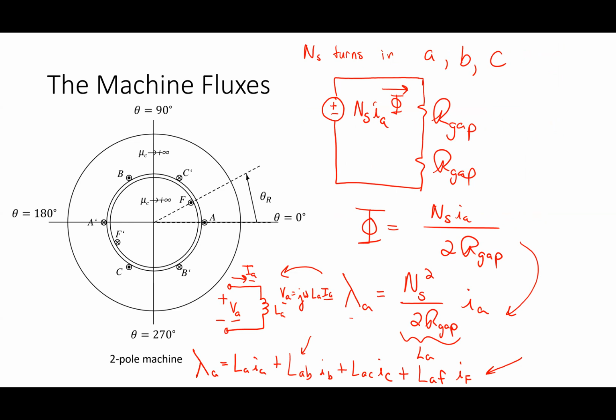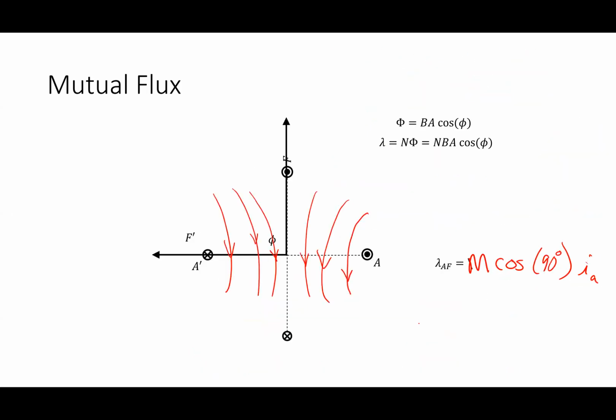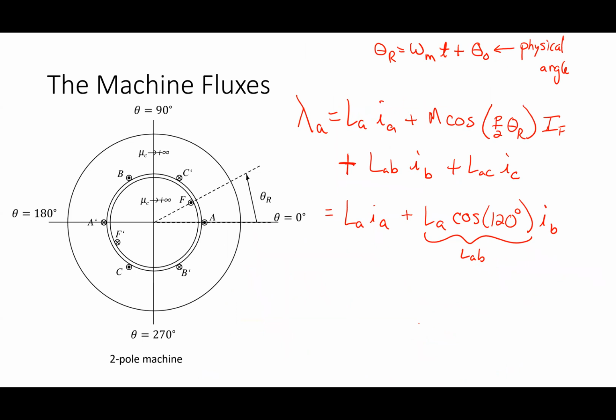So if you think about that, the coils are identical, same number of turns. Is the reluctance of the gap different? No, it's the same, right? It's the same gap all the way around. So basically it just works out to be that LAB is just LA times cosine 120. Now, what would it be if I had coil C there?